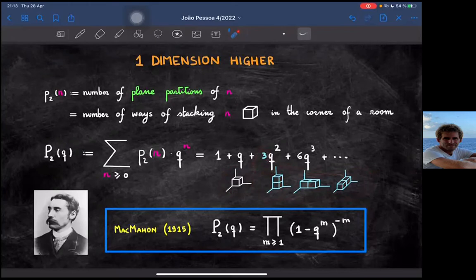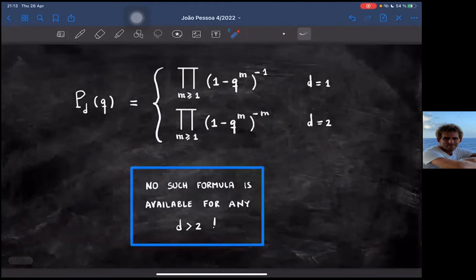And McMahon in 1915 proved a similar formula for the number of plane partitions, or actually for the generating function, which is this formula. This right-hand side is today called the McMahon function. And so here's a recap of the formulas that we just saw, but there is bad news, namely no such formula is known or expected to be provable in higher dimension, because you can imagine higher dimensional boxes and continue.